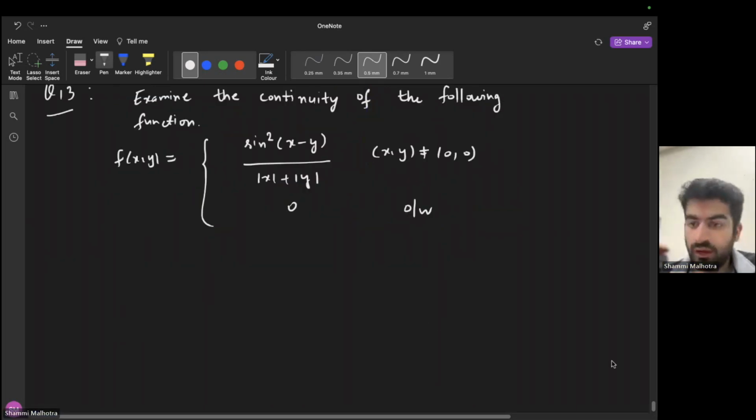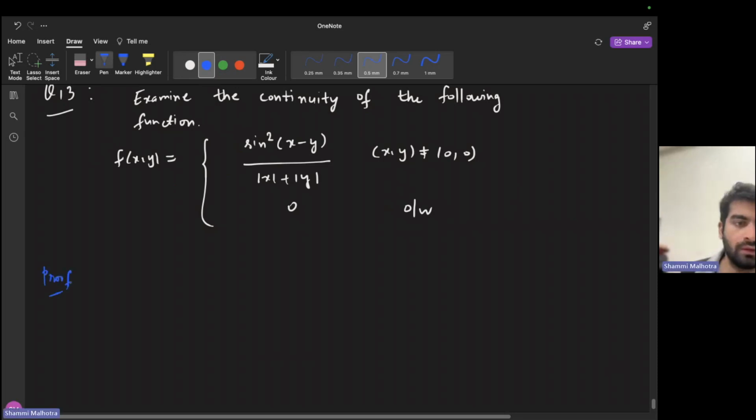So we would like to see the continuity of the function. As mentioned earlier, to check the continuity of the function, we just have to evaluate the double limit. It has to exist, and when it exists, it has to equal the value of the function at the point. Let us see first.